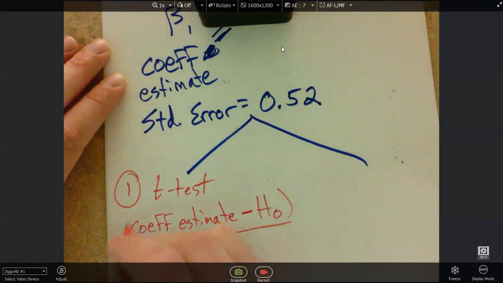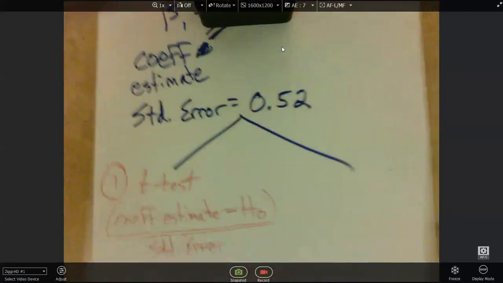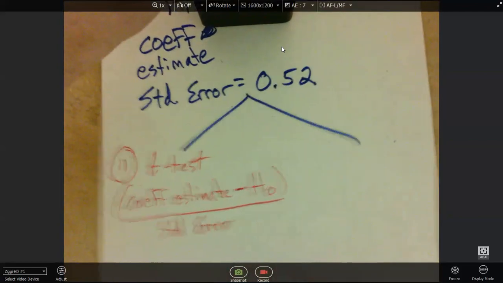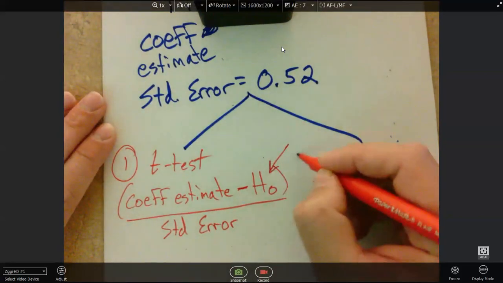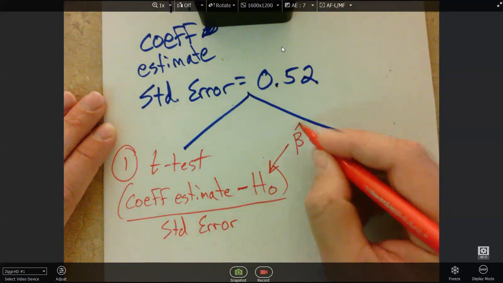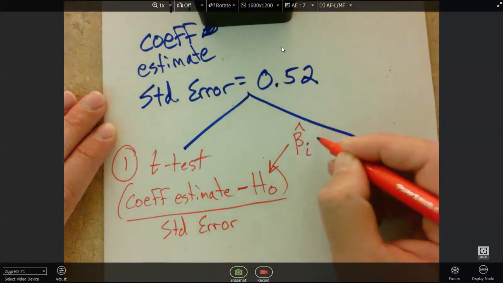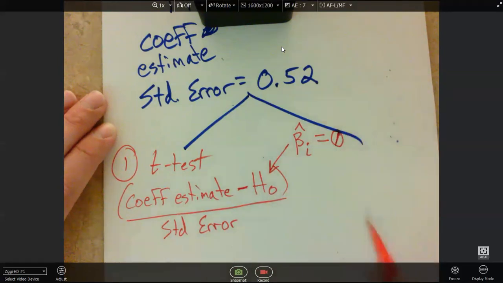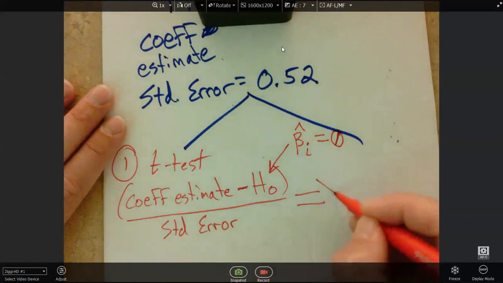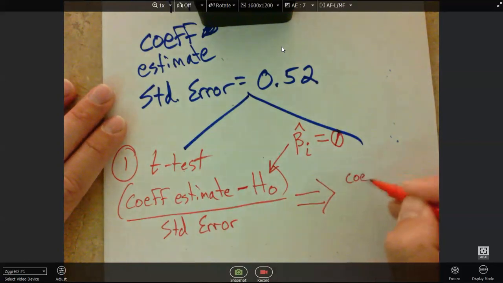I heard some sighs of happiness when I said null hypothesis, because everybody loves stats. The null hypothesis in all of these is going to be that my beta hat is actually equal to 0. So it ends up being really nice because these all collapse into the coefficient estimate over the standard error.